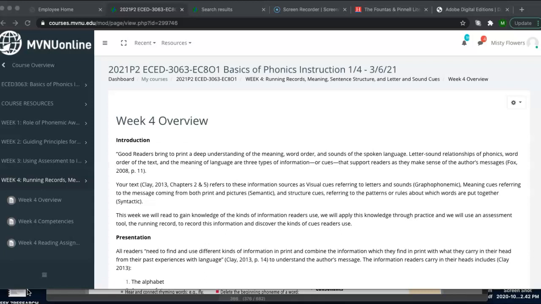Was it consonants, short vowels, digraphs, blends, other vowels? You want to look for activities in those areas to do during your tutor sessions with your student, because you're going to be writing a lesson plan, and in your final paper you're going to be talking about this.